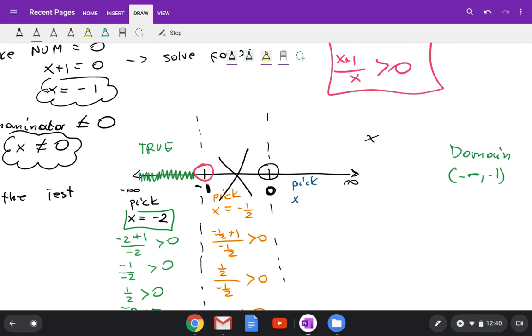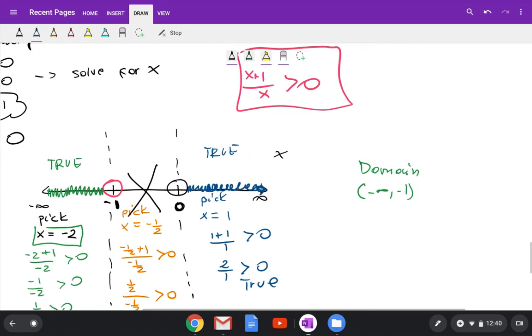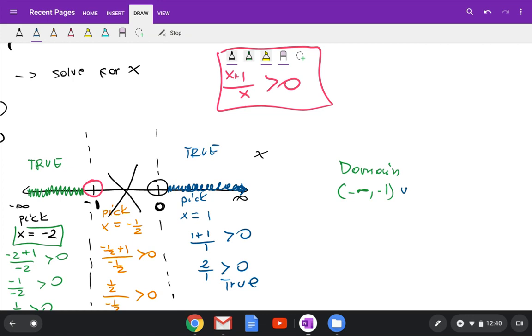I'm going to pick any number from that interval, so I'm going to pick x equal 1. Let's plug 1 into the inequality. We have 1 plus 1 over 1, and I'm checking if this is positive. You're getting 2 over 1. That's definitely positive, so this is true. So the interval from 0 to infinity is also going to be our domain. So I have the union of two intervals.